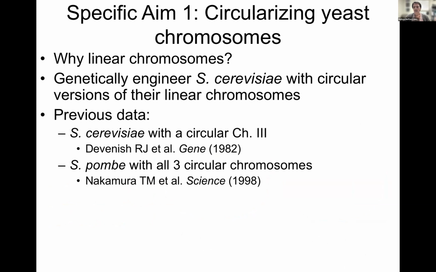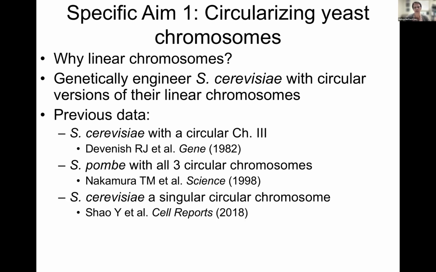In the 90s, folks working on a distantly related yeast, Schizosaccharomyces pombe, found that when you deleted some telomere components, the telomere shortened and the 3 chromosomes in pombe circularized in a small fraction. So it was an example of a yeast with a fully circularized genome.